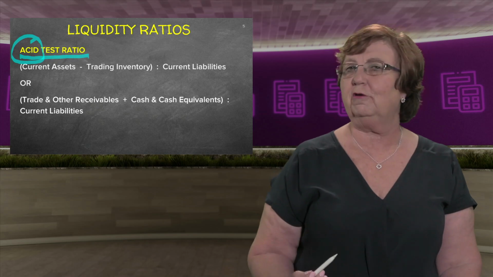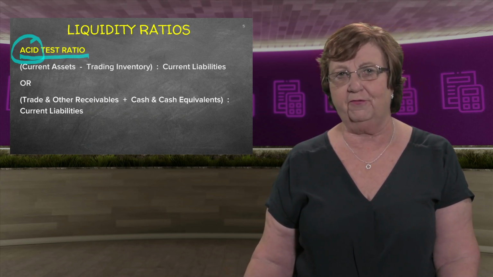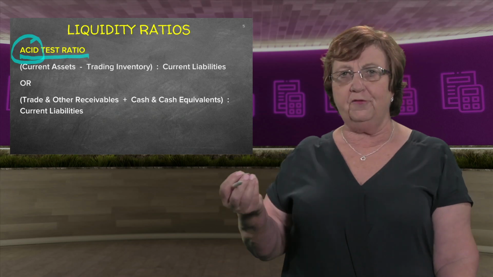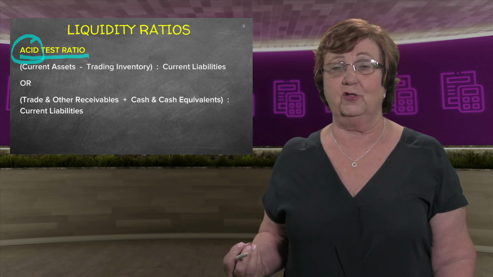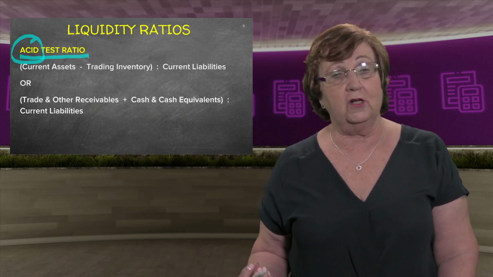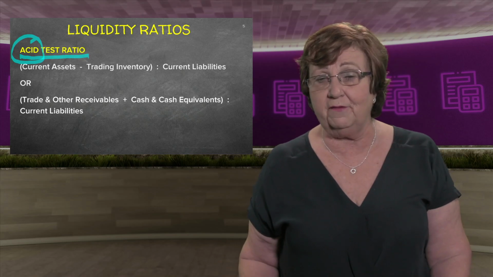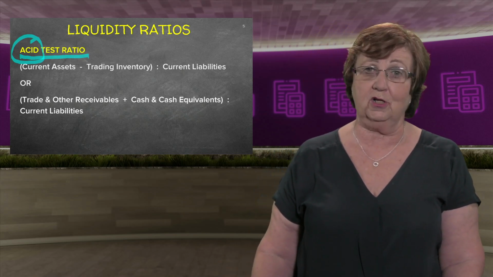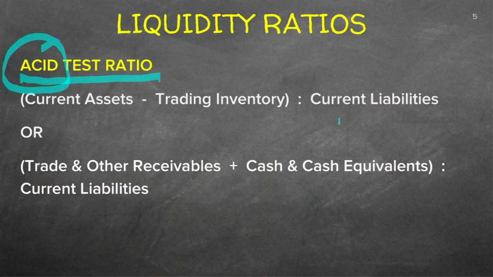Now, this is the true ratio, if you remember from last year, because we are removing the trading inventory and looking at the remaining current assets, which is obviously my trade and other receivables plus my cash and cash equivalents, compared with my current liabilities.